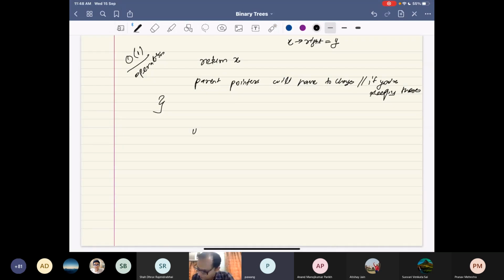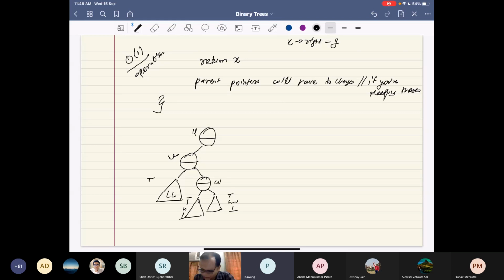You have this U, and you have this V, you have this LL, and you are breaking into another node W first, and because this left has gained height, this is h minus 1, this is h, this is h.